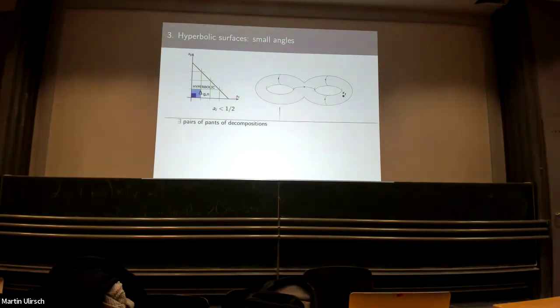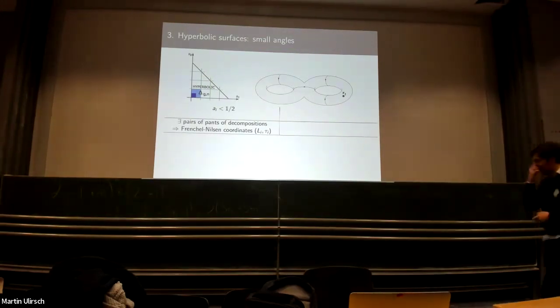I cut my surface using geodesics, and in each component I assume that I have 3 boundary components. The boundary component can either be one of the geodesics or a conical singularity. So for instance, here I have 2 geodesics plus a conical singularity. So this is a pair of pants decomposition.